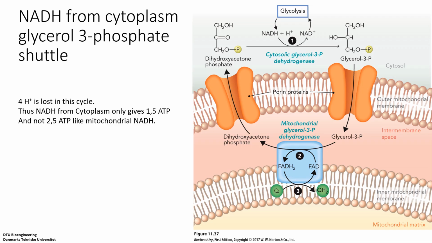In the intermembrane space, we have a mitochondrial glycerol dehydrogenase. We have another glycerol dehydrogenase, which is not sitting in the mitochondria, but sitting in the cytosol. But the mitochondrial glycerol dehydrogenase will then change the glycerol 3-phosphate into dihydroxyacetone phosphate again. And that process requires FAD. So that reduces FAD to FADH2, which can then be oxidized using the ubiquinol cycle.